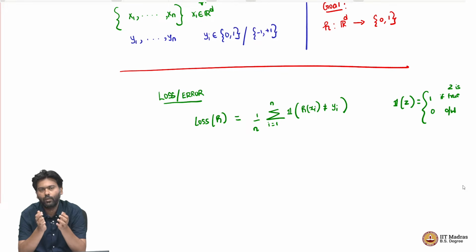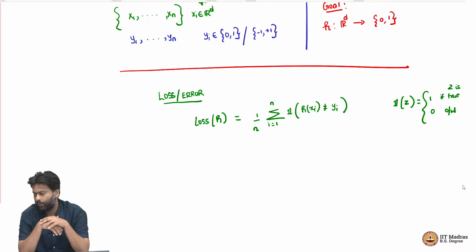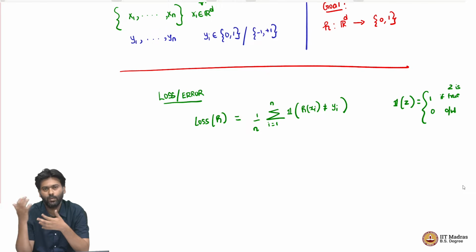So we are basically counting the fraction of errors in our data set. This is a much more reasonable loss function than a squared loss, simply because what we really care about is whether you are doing it correctly or incorrectly. That's the main goal of classification: to get as many data points correctly as possible in the test set.